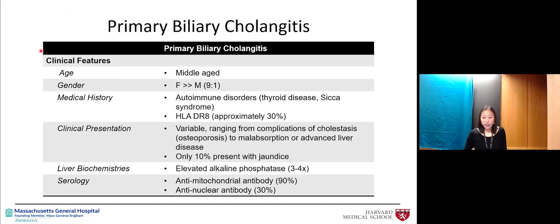Now, here I have a table summarizing some of the clinical features of primary biliary cholangitis. It's oftentimes middle-aged women with a history of autoimmune disorders that tend to present with this disease.